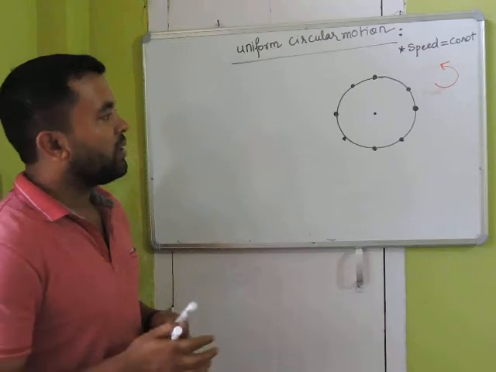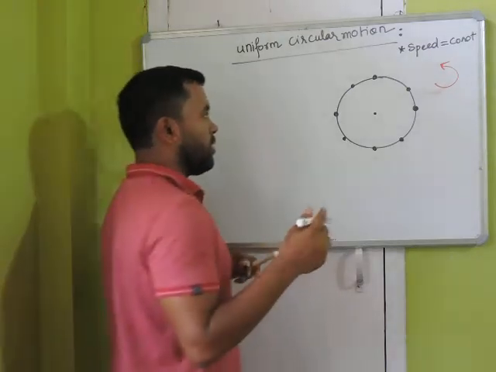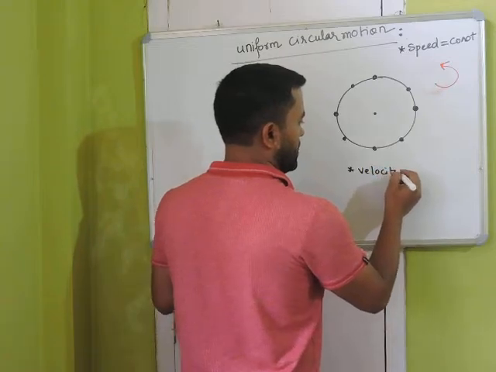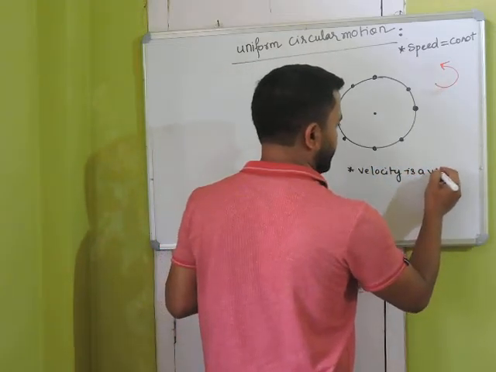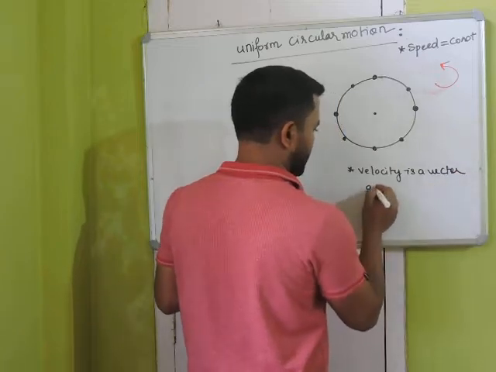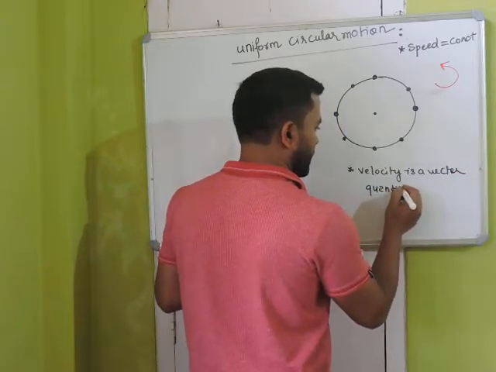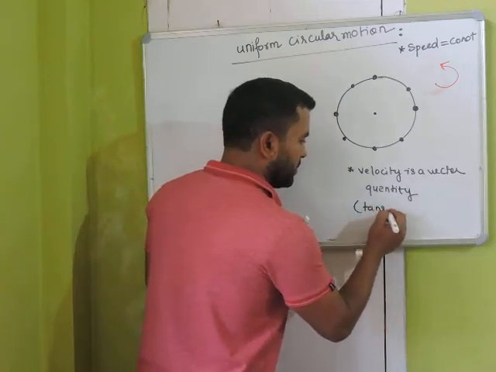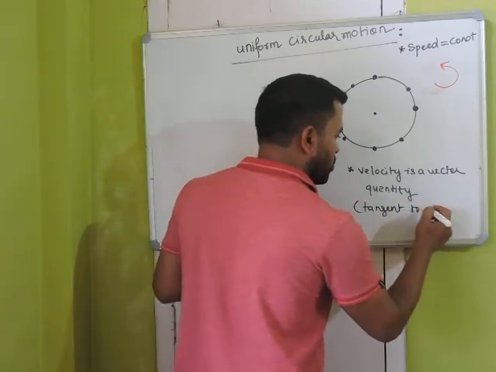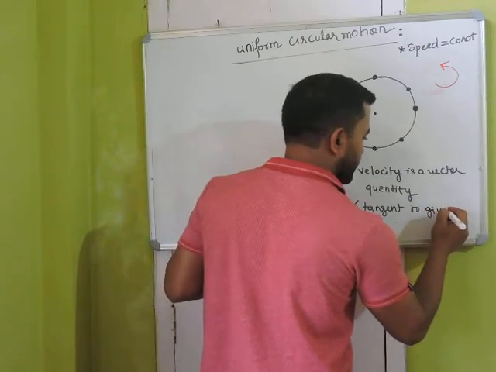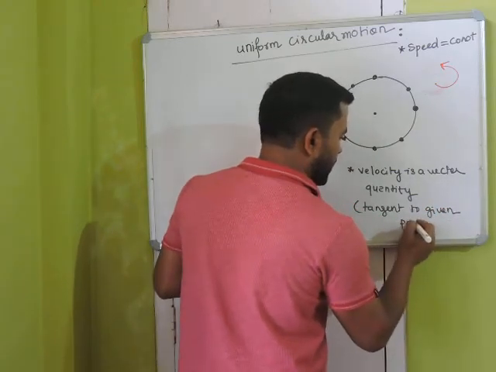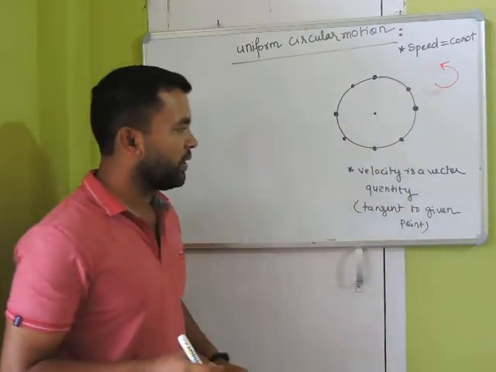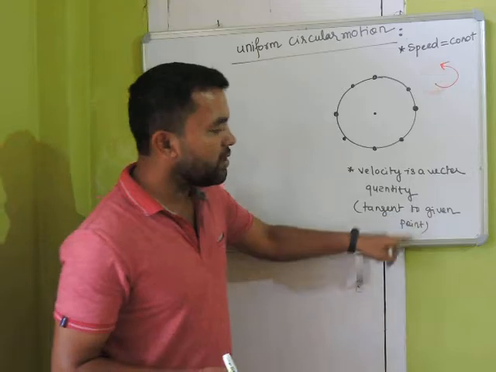But it turns out velocity is a vector quantity, and its direction is tangent to the given point. Now in uniform circular motion, speed is constant, velocity is a vector quantity, and its direction is tangent to the given point.